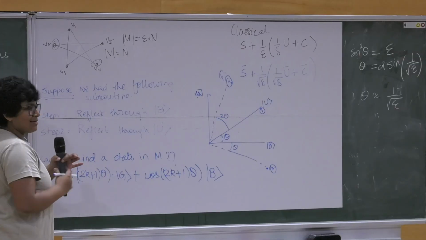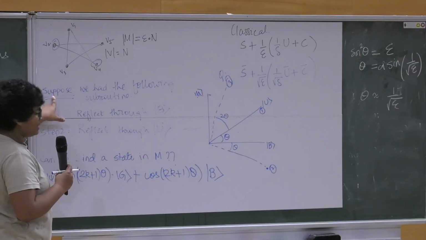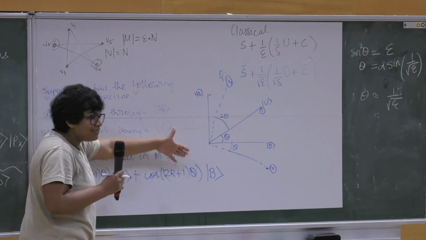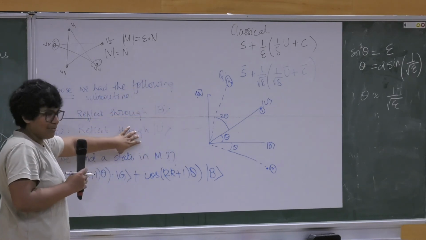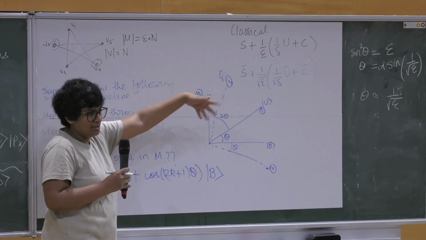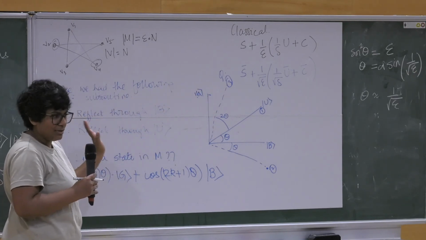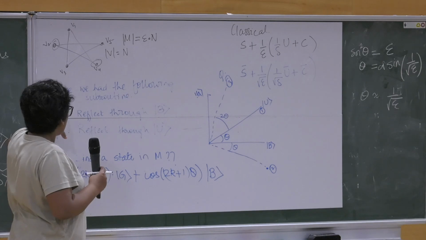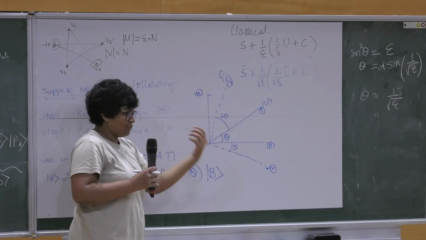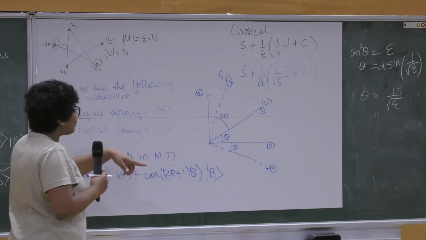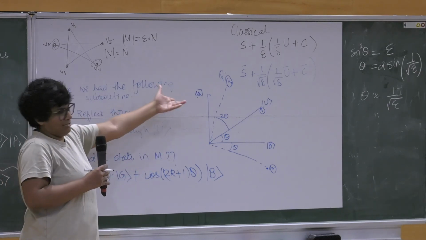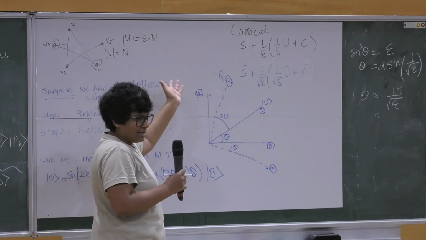Suppose we had a procedure that can reflect about B and can reflect about U, then we can reach this in some k steps, which is very close to 1 by root epsilon, okay? If you had a procedure which let you just rotate, that's totally fine. Now what I'm going to show is that I can implement these two procedures. That is what I'm going to show. But you're welcome to rotate it also.